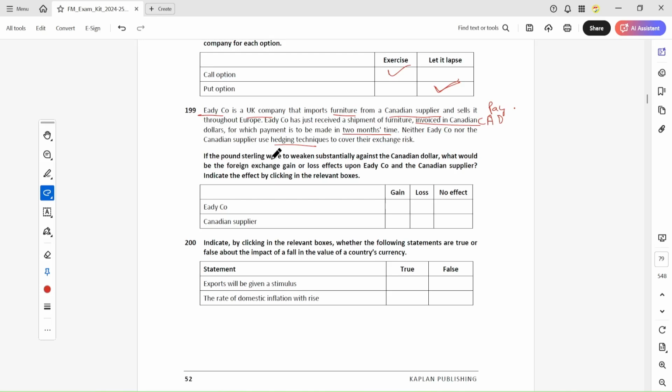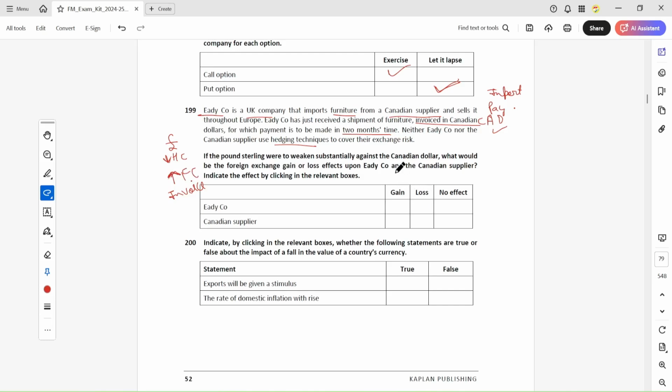So if the pound sterling were weakened, which means our home currency, the pound, reduced, which means an increase in foreign currency, because we are an importer. So with an increase in foreign currency and the invoice in foreign currency, we have to pay in Canadian dollar, which is appreciating, which means we have to pay higher.